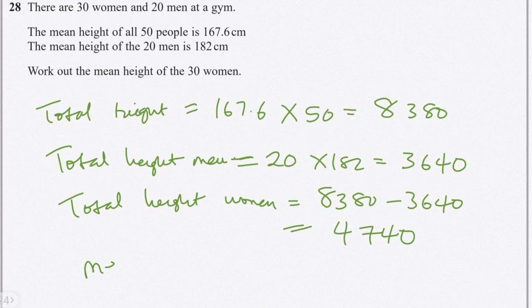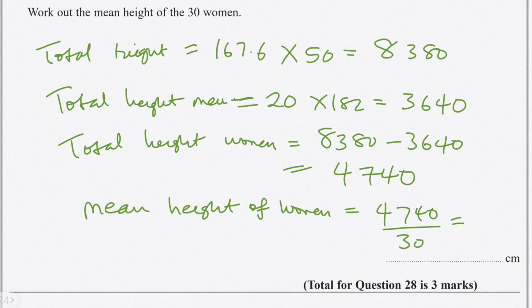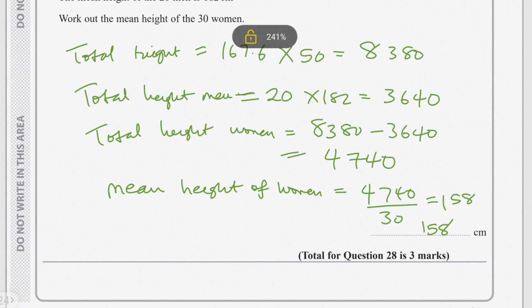Hence the mean height of women at the gym is the total, 4,740, divided by their number, 30, which equals 158. So the mean height of women at the gym is 158 centimeters.